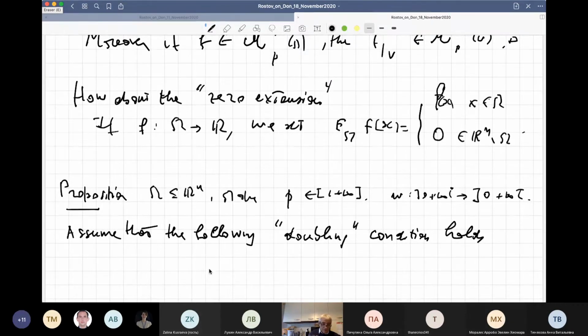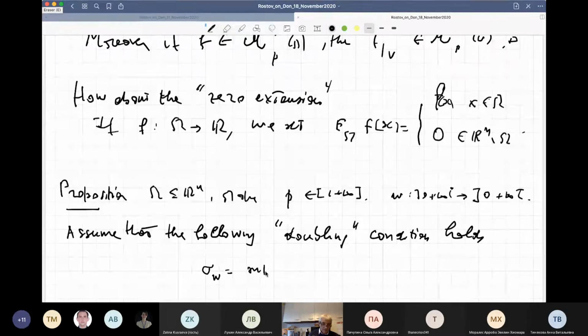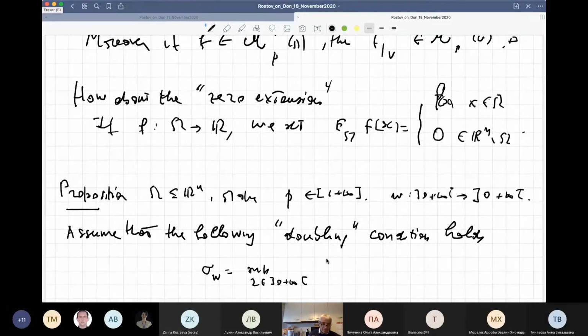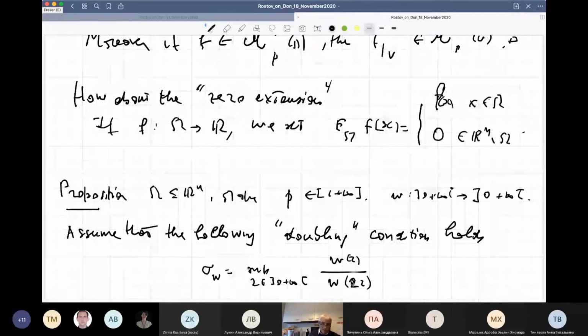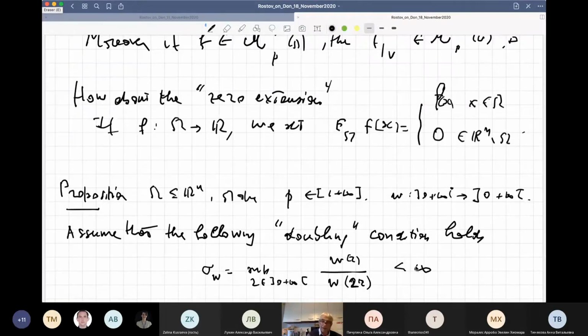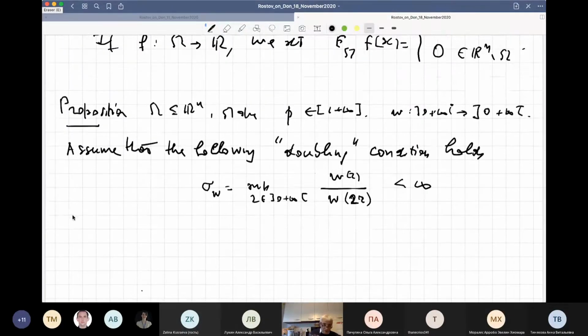You assume that you take the supremum of this ratio of W(R) over W(R/2), this is an R over 2, this is an R, and this is finite. Then you have this inequality.